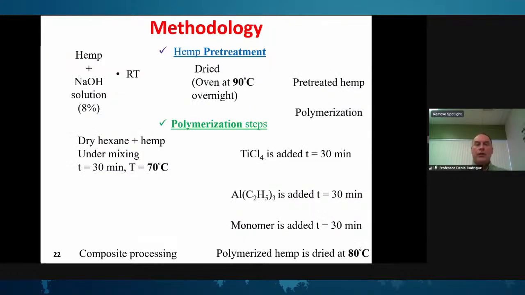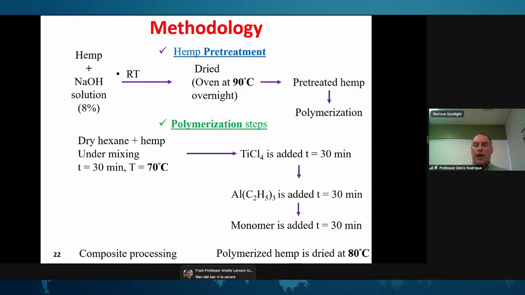So in this case, it's quite easy. You start with the mercerization. So you put your fibers in the NaOH solution at room temperature. Then you dry the material overnight. So you have your pre-treated fibers. Then you go into the polymerization step. So we actually use hexane in this case to be able to polymerize polyethylene by adding the catalyst and the co-catalyst.